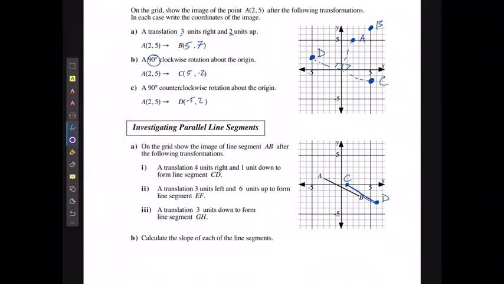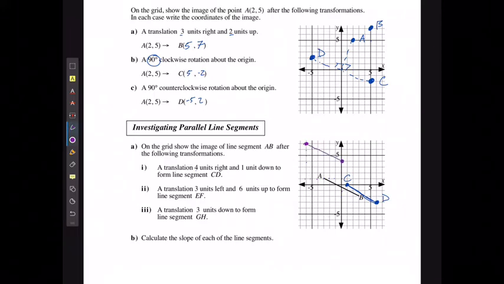For the next one, it says we want to go 3 units to the left and 6 units up for EF. So I'm going to go left 1, 2, 3, and up 1, 2, 3, 4, 5, and 6. And do the same thing for B: left 3 and up 1, 2, 3, 4, 5, 6.